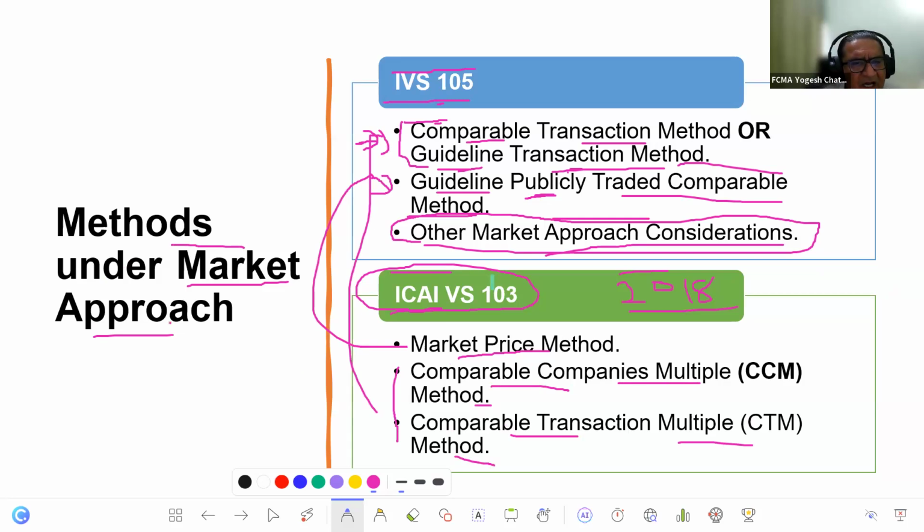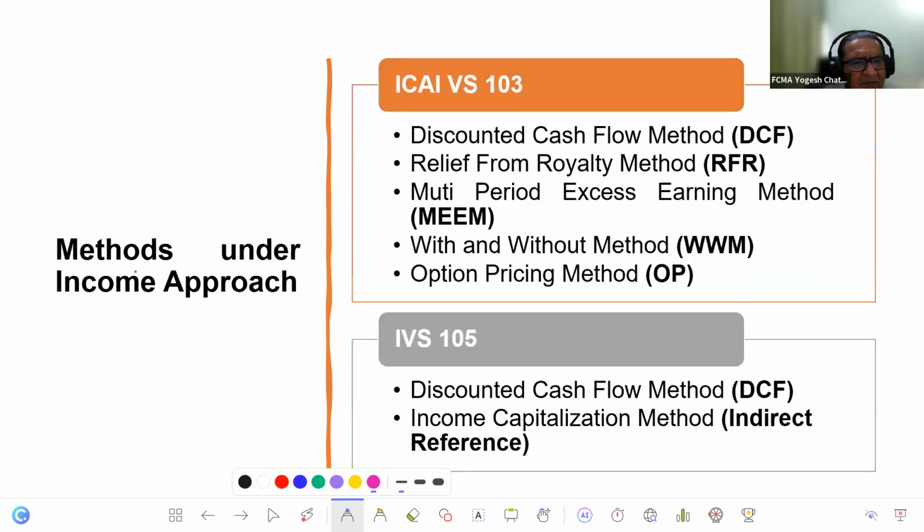We will now go to the income approach. But before we do that, two things. Number one, it is more than 90 minutes from when we started. So if convenient to each one of you, we will have a short break of around 5 to 7 minutes, and then continue in the remaining time.